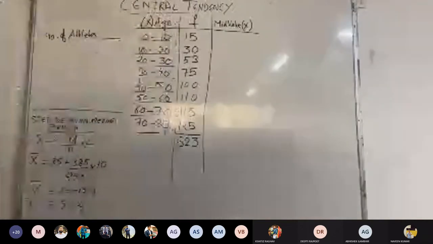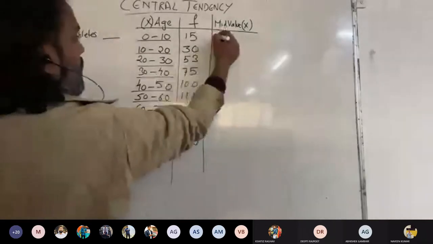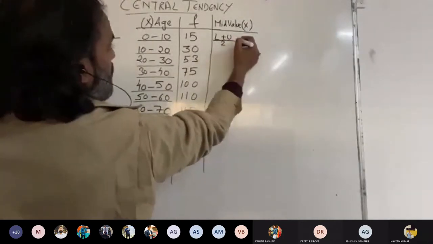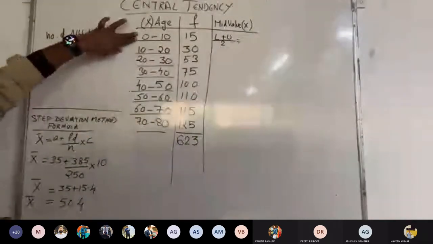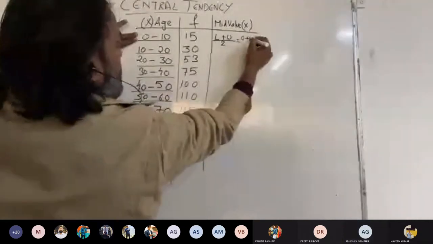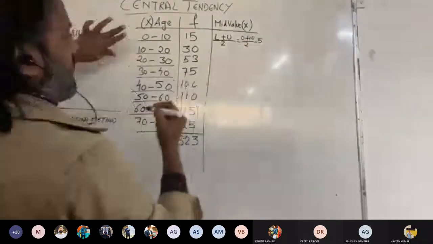To take the mid value, you just add the lower limit and the upper limit and divide by 2. Lower limit plus upper limit divided by 2. That means, can you let me know the mid value of the first class interval? 5. Yes, 0 plus 10 divided by 2 equals 5. Exactly.